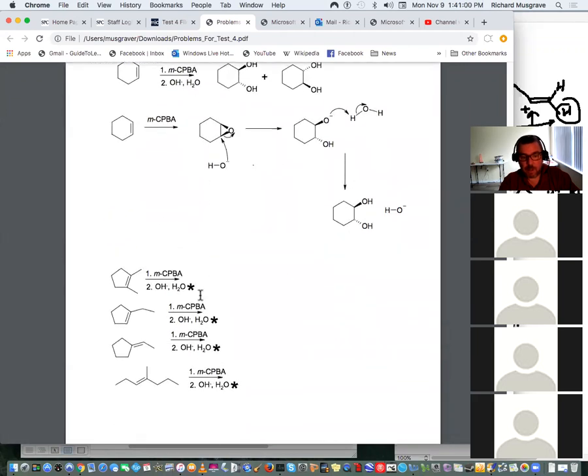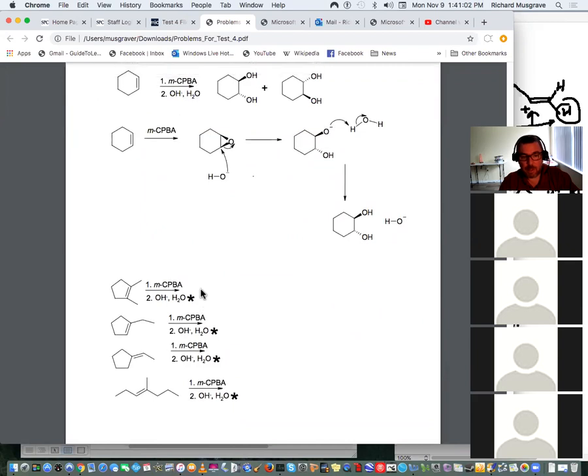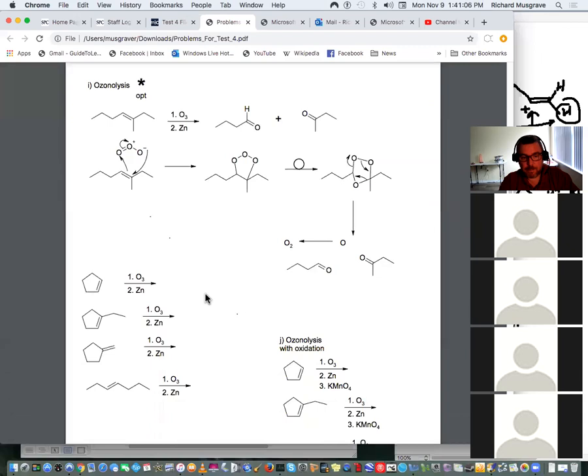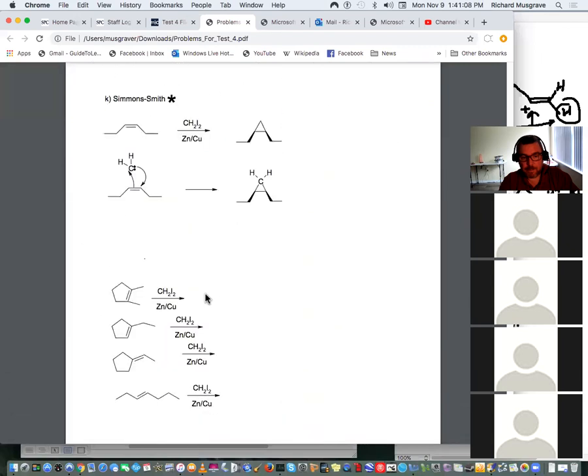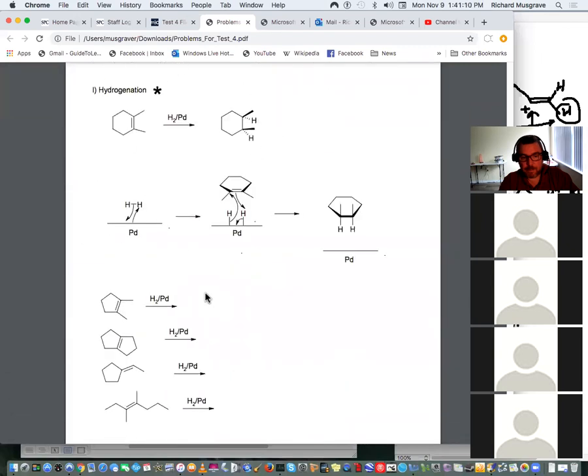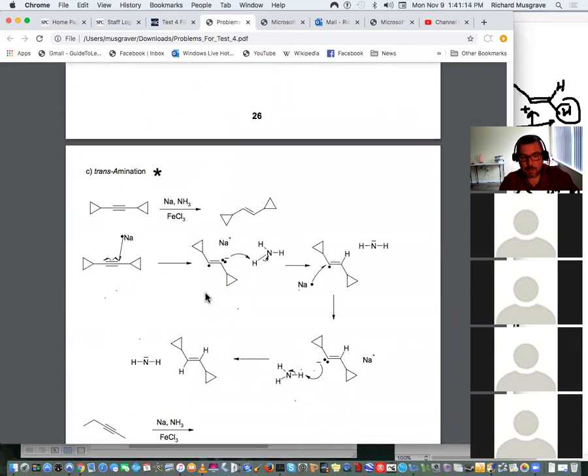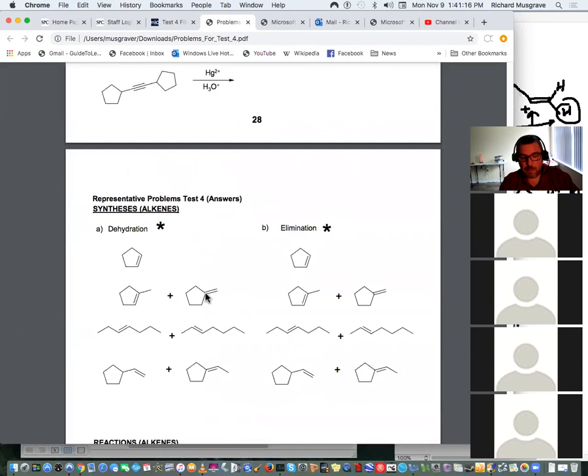And on the trans diol formation, it's the bottom one that's starred. So that's all the reactions there and the mechanisms.